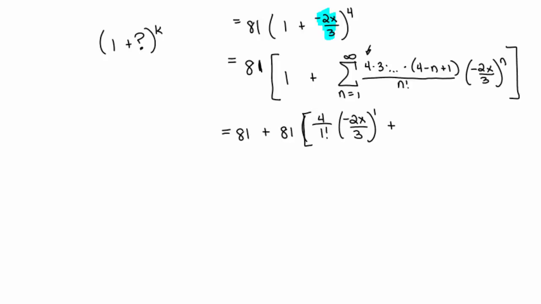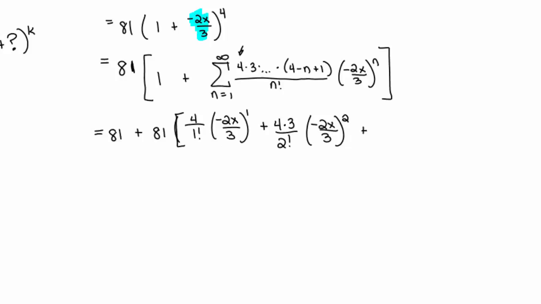So I'm going to go all the way down to 4 minus 2 plus 1, which is 3. So 4 times 3. It's like a factorial in a way, right? Over, now n is 2, so 2 factorial, times negative 2x over 3 squared.